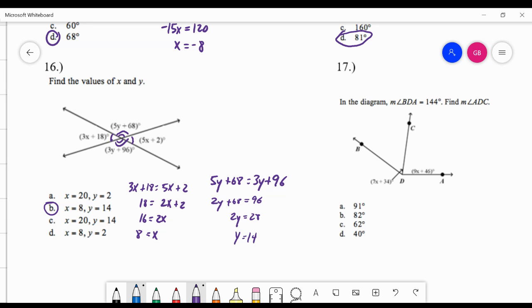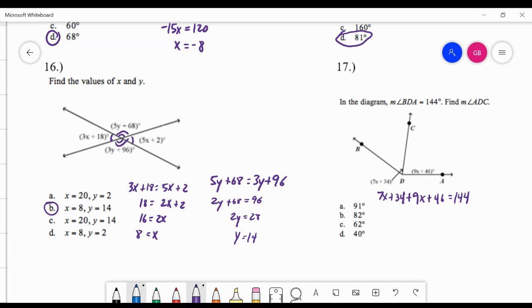Okay, 17. In the diagram, the measure of BDA, so that's the big angle, is 144. So those two smaller angles add up to 144. So let's set up that equation. So 7x plus 34 plus 9x plus 46 is 144.